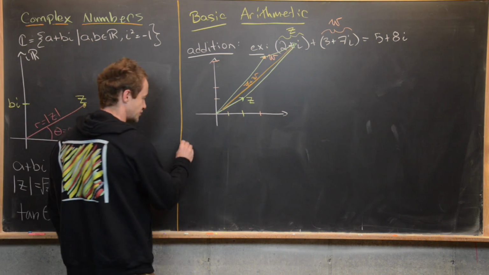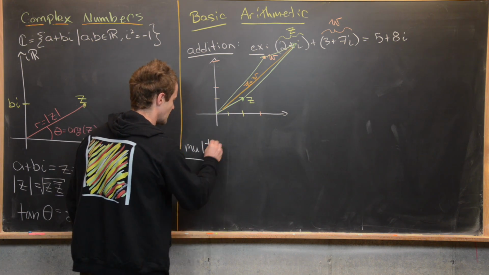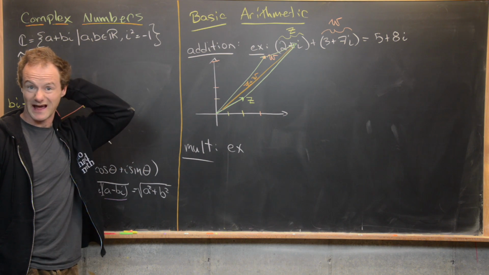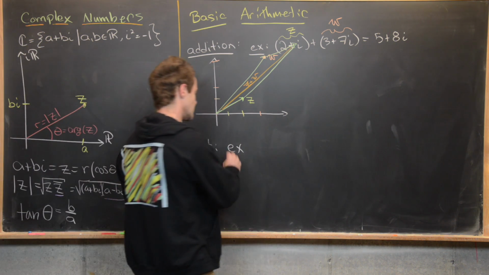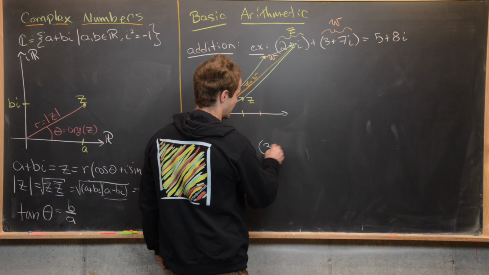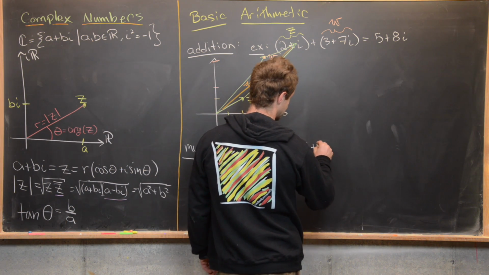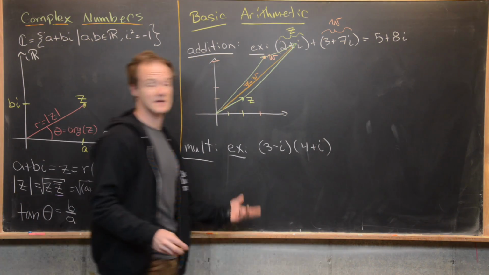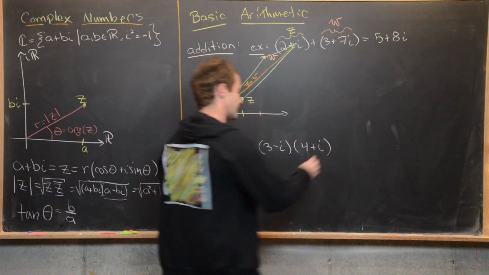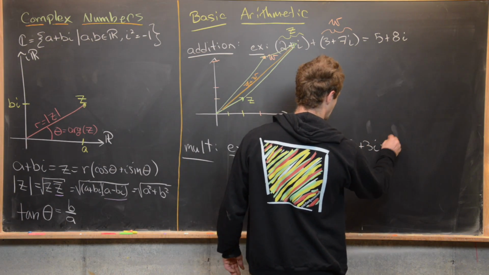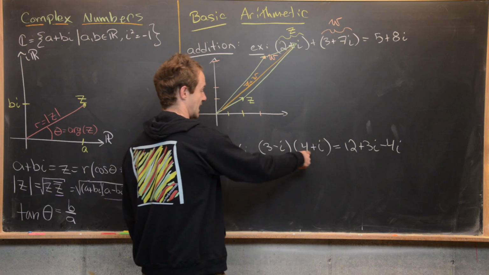Now what about multiplication? Well, again, a naive example, you would just kind of FOIL everything out and then add as necessary. So like if we had 3 minus i times 4 plus i, say that. So we would do 3 times 4, that's going to give us 12. 3 times i, that's going to be plus 3i, minus 4i from the minus i times 4.